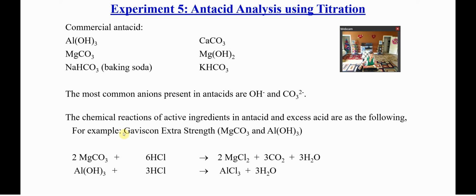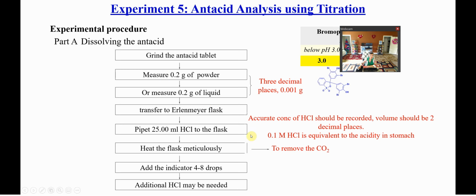For example, you have one antacid called Gaviscon Extra Strength, composed of magnesium carbonate and aluminum hydroxide. So you can have different chemical reactions. Sometimes after you take an antacid, gassing may happen because of carbon dioxide generation. So this is essentially the introduction about the titration and the antacid.